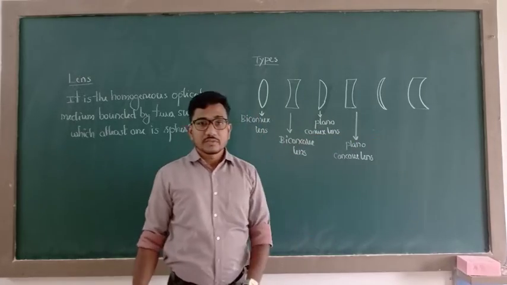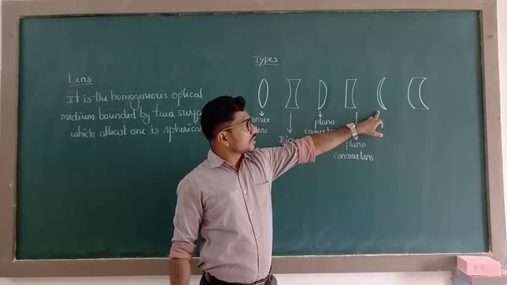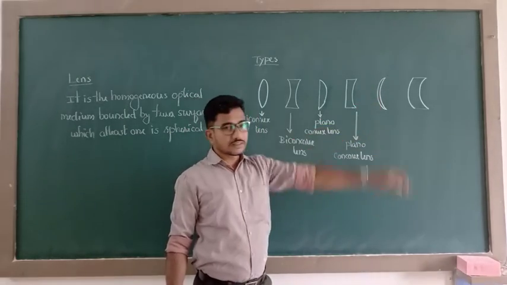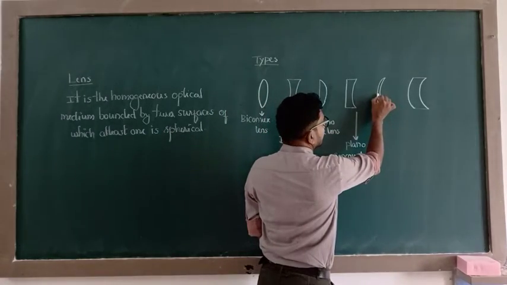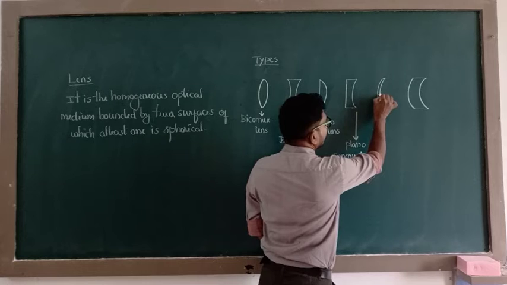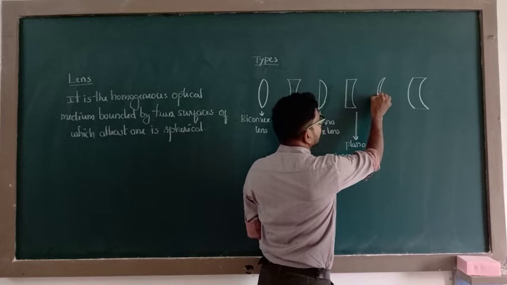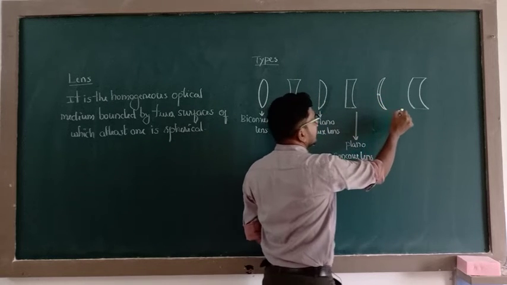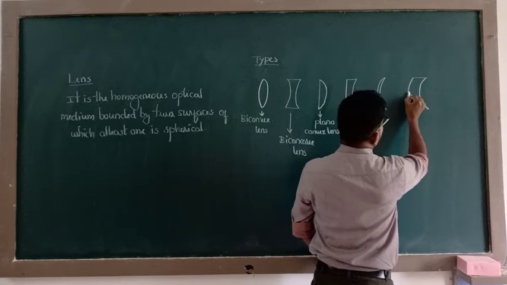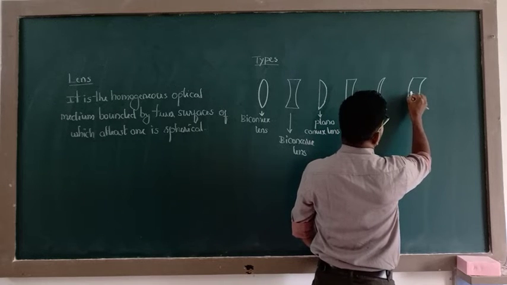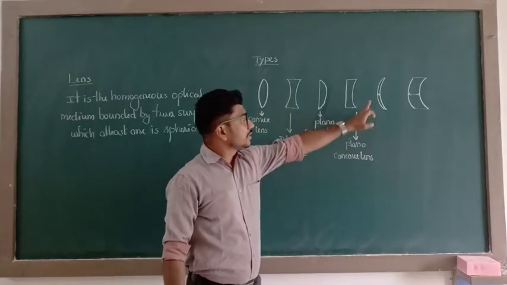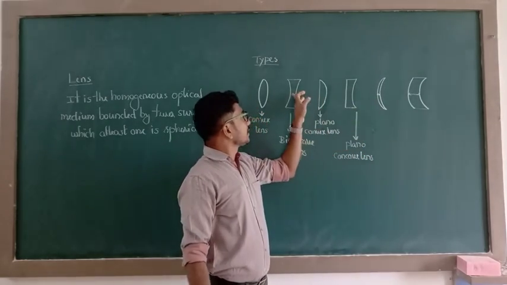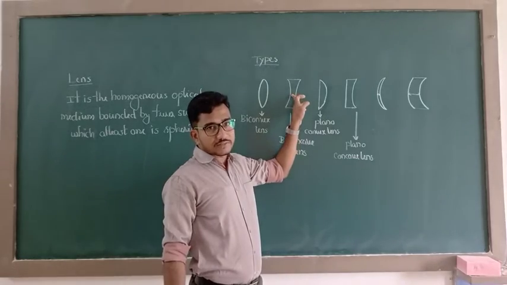This one, you just observe the thickness. So here thickness is minimum in this case. In this case here thickness is maximum. So thickness is minimum, that is in case of concave lens.